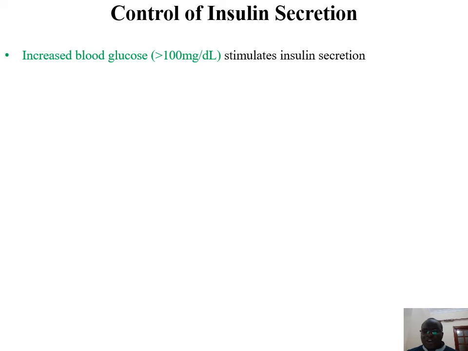So if the blood glucose levels are above the normal acceptable range, if the blood glucose level is increasing greater than 100 milligrams per deciliter, that will stimulate insulin secretion, because much of this glucose will be entering the beta cells via the GLUT2 channels.